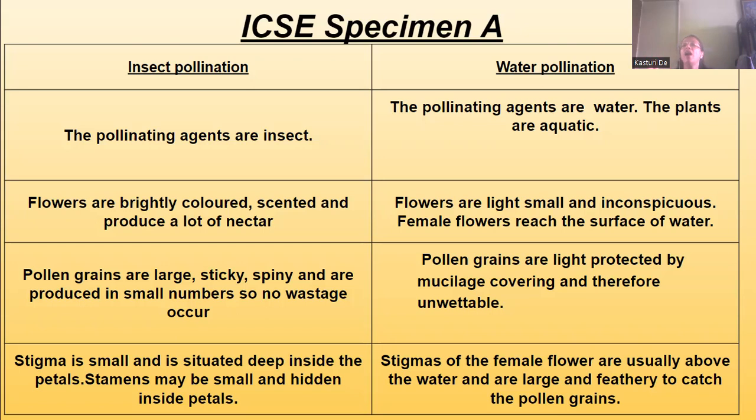They are large and feathery to catch the pollen grains. Even the male flowers, after maturing, will detach from the male plant and start floating on the surface of the water. This is how insect and water pollination differ.